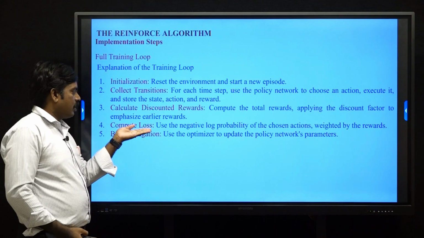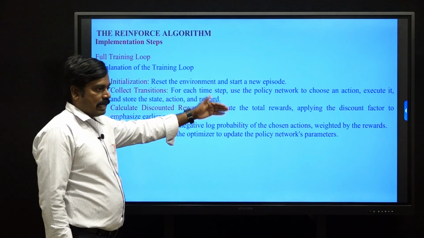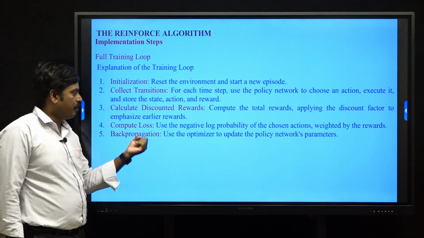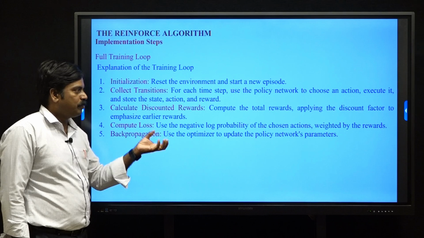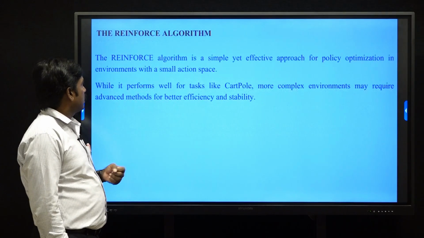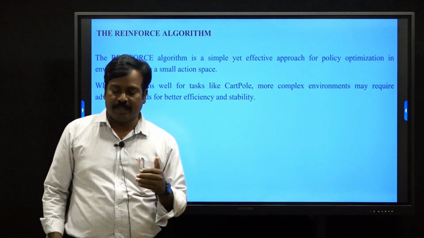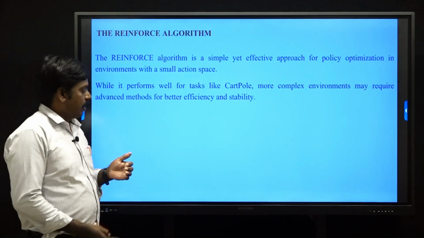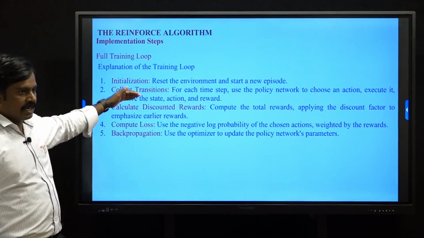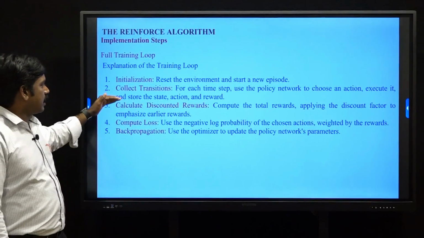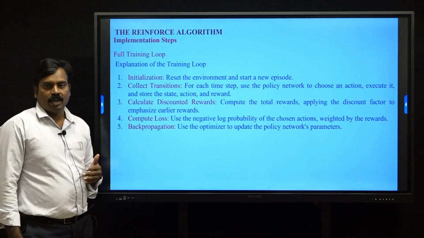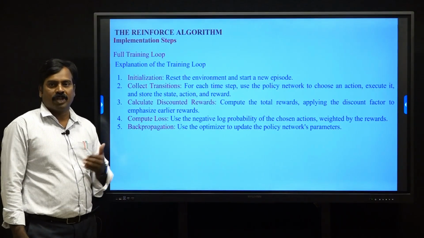Then we calculate the loss based on the collected information using log probability, and apply the gradient of the loss function with respect to the weight parameters of the policy network. This is the REINFORCE algorithm implementation. In it, we initialize the environment, collect the transitions, calculate the discounted rewards, compute the loss, and backpropagate to optimize the policy network to get the best cumulative rewards.